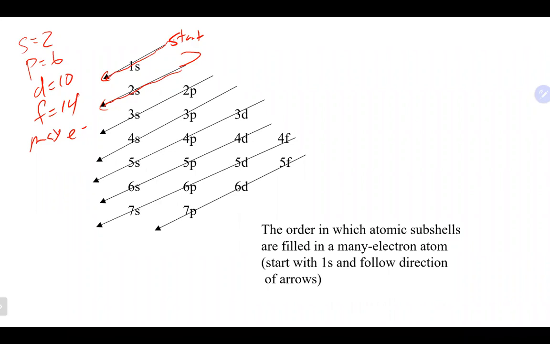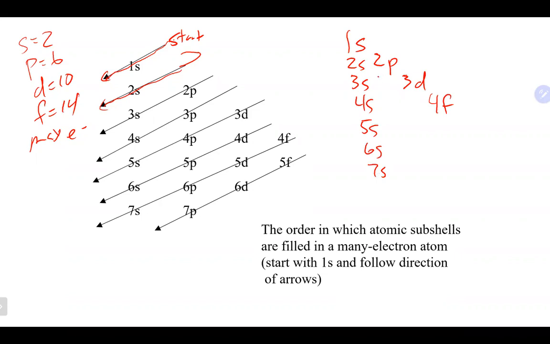Because if you remember that, you frankly can recreate this yourself on paper by going first energy level 1s, second energy level P's, third energy level D's, fourth energy level F's. And pretty much all you have to do is fill in the numbers underneath each of these. So this would be 2s, 3s, 4s, 5s, 6s, 7s.